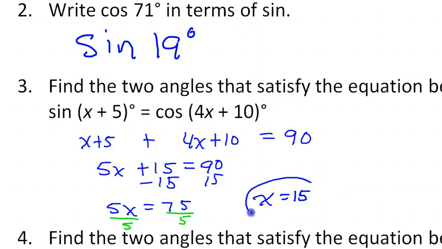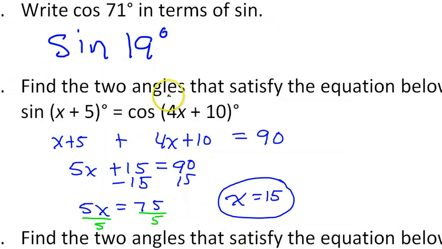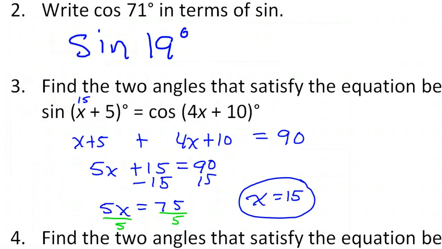Okay? But that's not the answer. We were asked to find the two angles that we are shown here. So I need to plug those back in. If I take this 15 and put the 15 in for x in both places, then what do I really have? 15 plus 5 is 20.